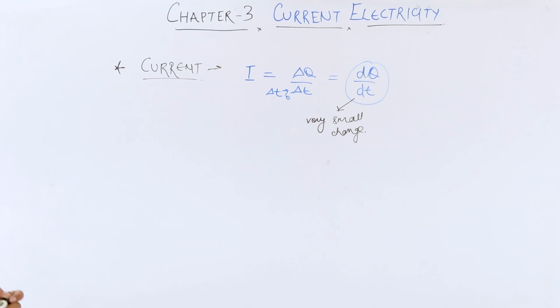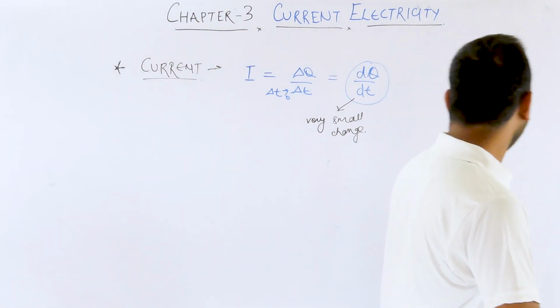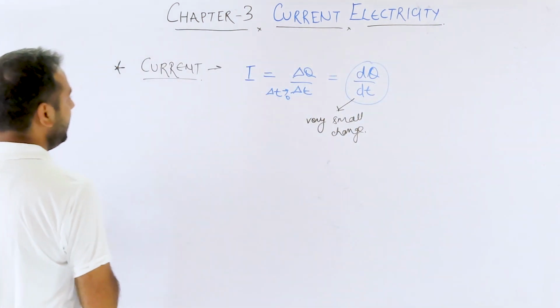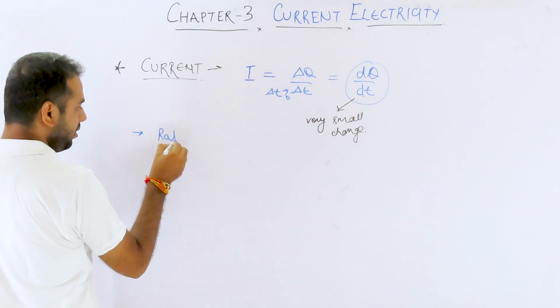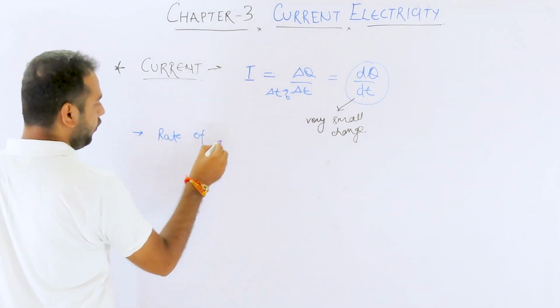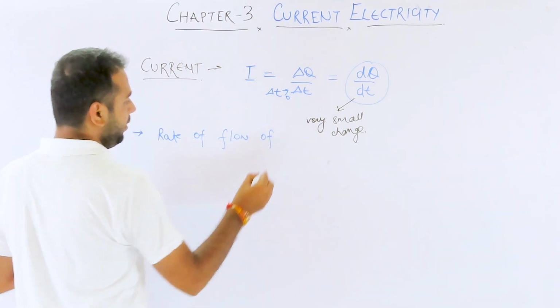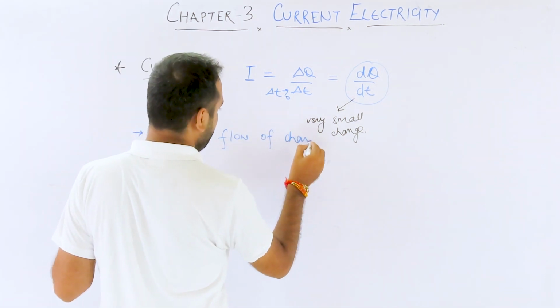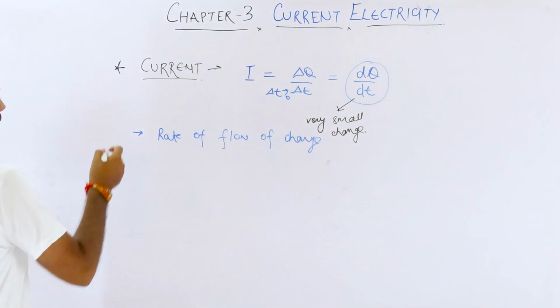So what is current? My basic definition: rate of flow of charge.